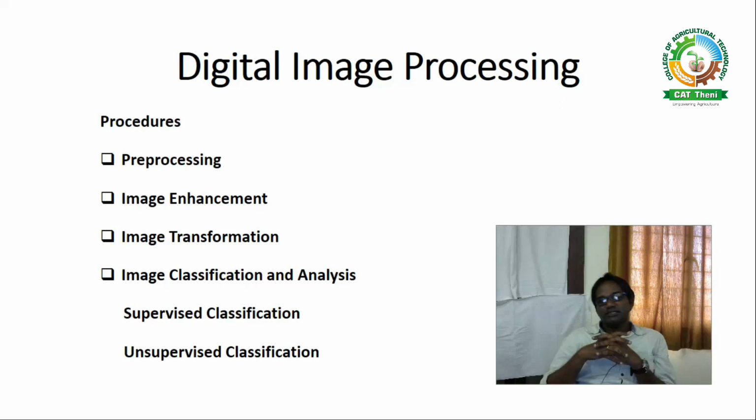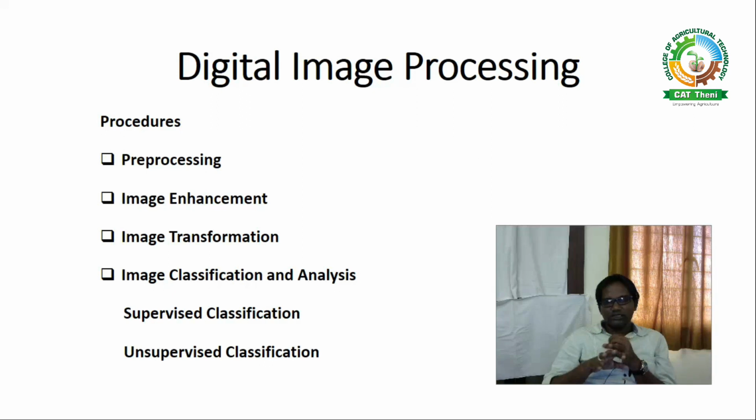Regarding image transformation, we have to do certain calculations such as spectral ratioing and principal component analysis. These are statistical calculations we have to do in the case of image transformation. Theoretically, we should know these terminologies: spectral ratioing, and another one, principal component analysis.